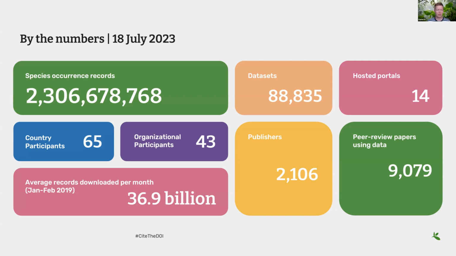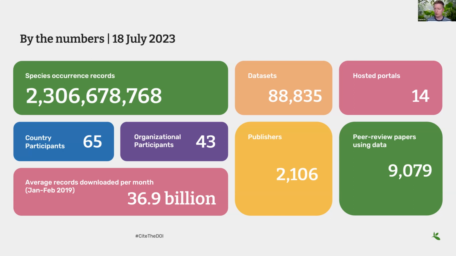So in terms of what data is in GBIF, I just pulled some numbers yesterday. GBIF is basically a big database of where species occur in time and space. We have about 2.3 billion records of such occurrences across around 89,000 data sets. These data sets are shared in GBIF by about 2,000 publishers, and we are funded by a large group of countries, and we also have participation from a lot of international and thematic organizations.